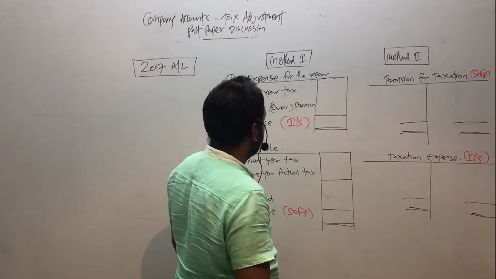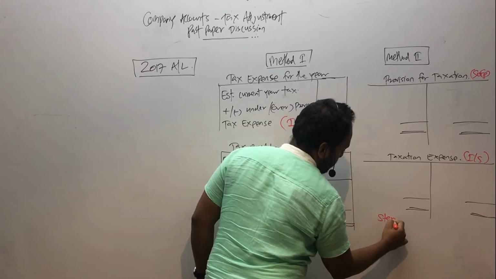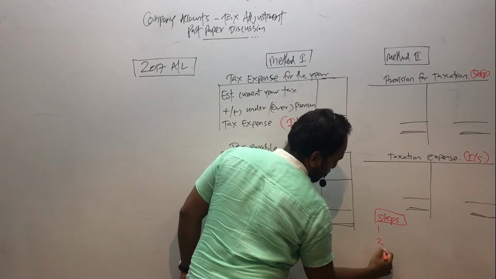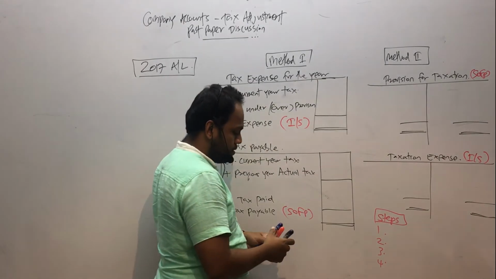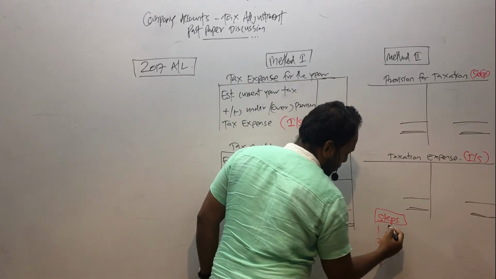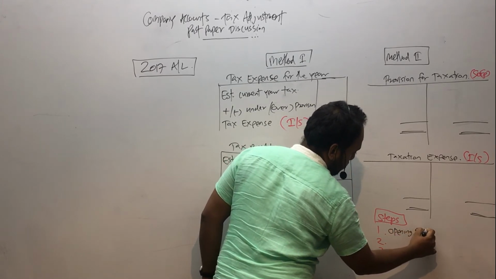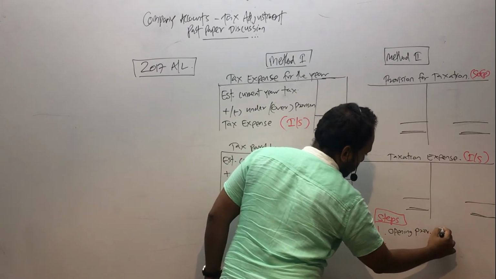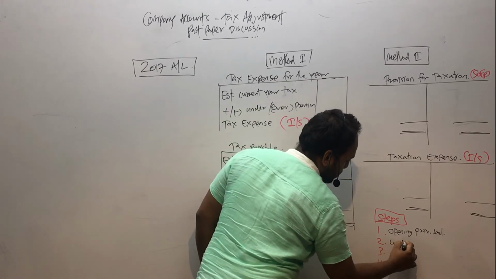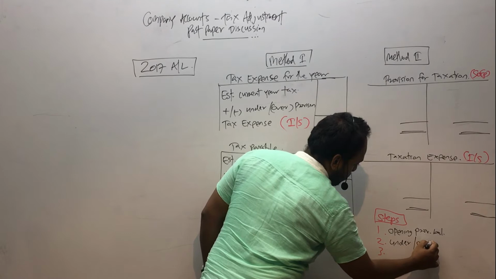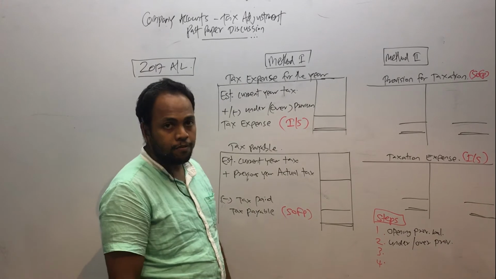Right? So we follow 4 steps when it comes to the ledger account method. First, you record the opening provision balance. Second step, under or over provision.